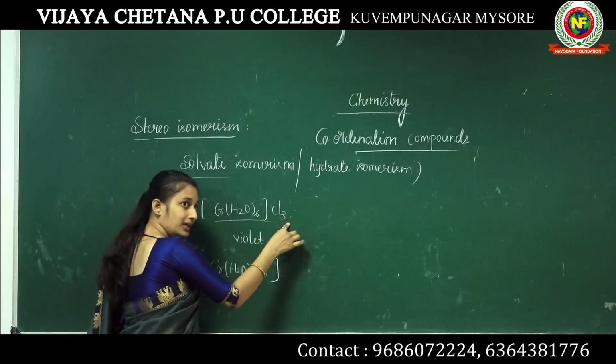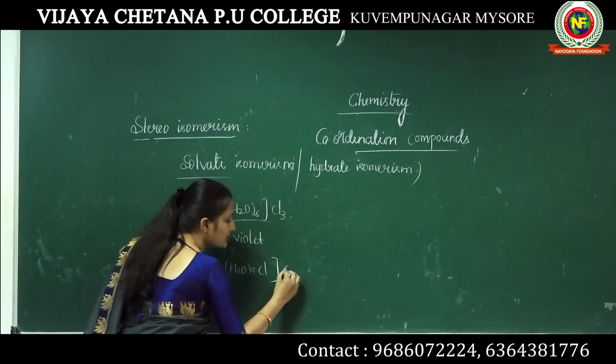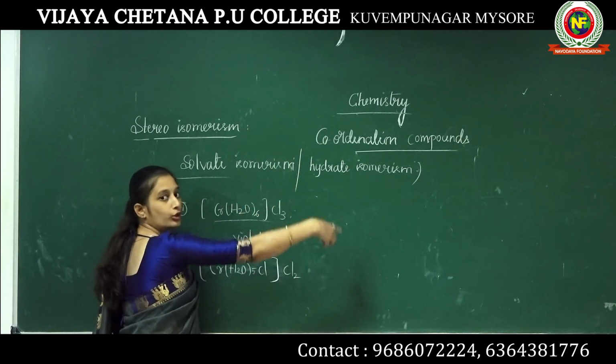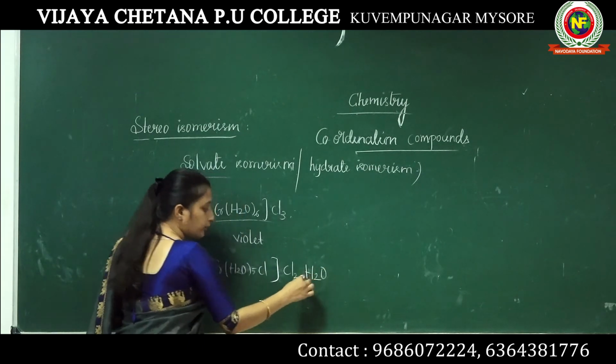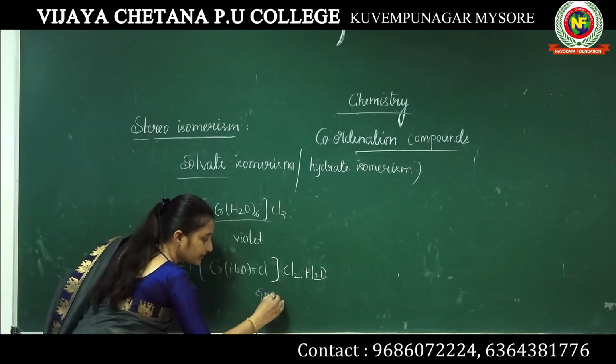Before, Cl3 was there; one chloride enters inside, so Cl3 becomes Cl2. Water was 6 times, one goes out, so 5 times water, H2O. It looks grey green.